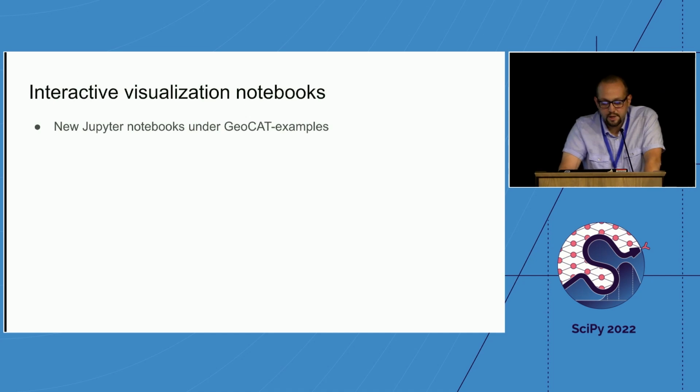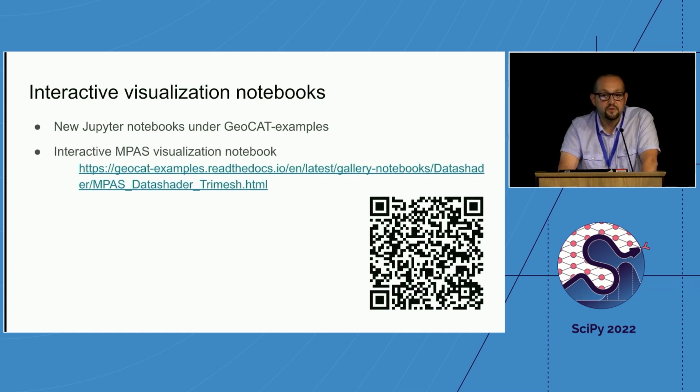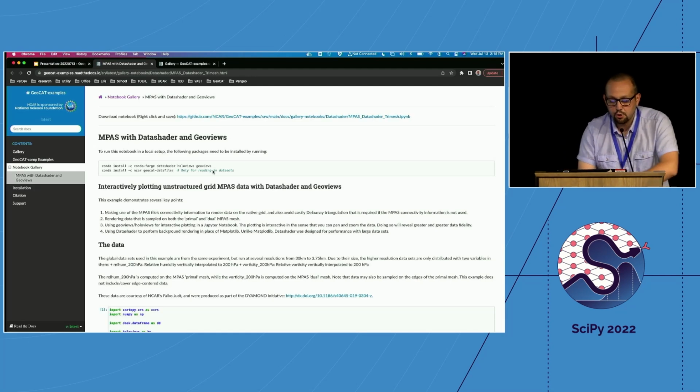I would like to quickly touch on this interactive visualization notebook as well, for which we made use of a Datashader stack. Let me quickly walk you through this notebook. This was on a DYAMOND data set, which has various resolutions from 3.75 kilometers to 30 kilometers.